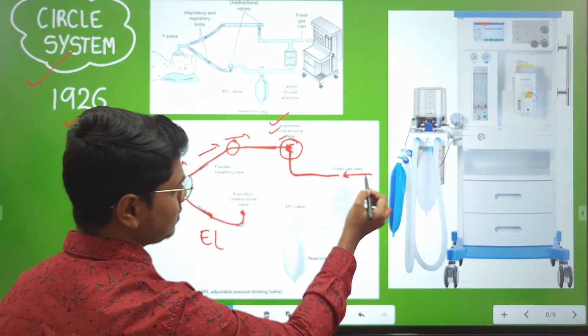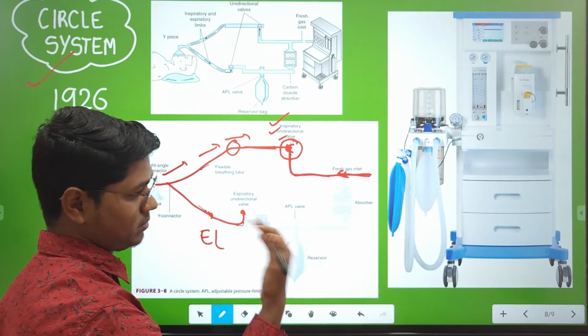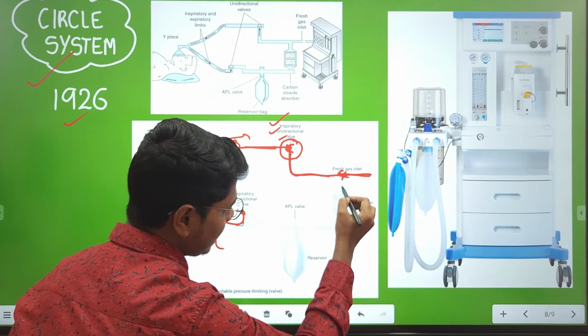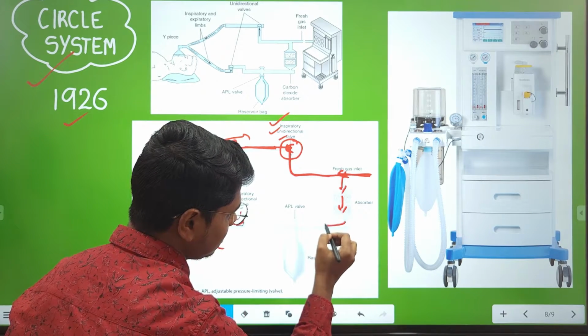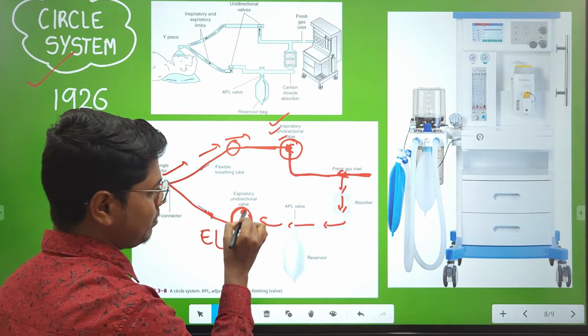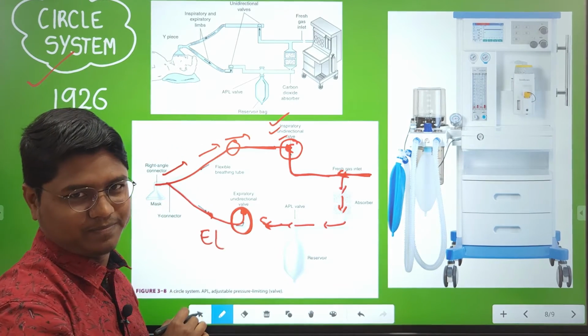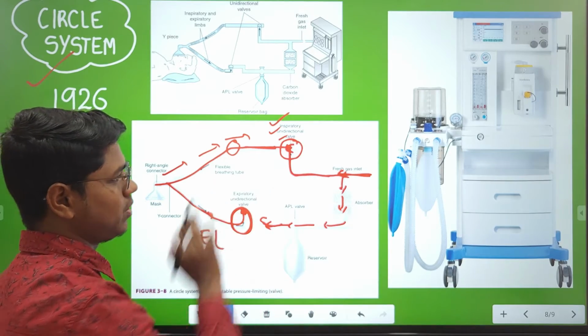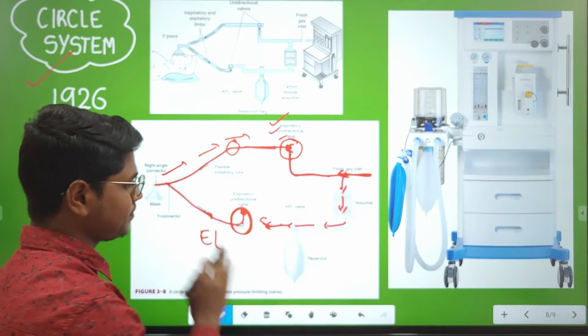When the fresh gas flows, you will see some gas also come this way, so this unidirectional valve will prevent this flow. This is the importance of unidirectional valves.